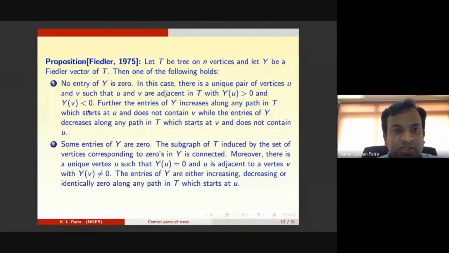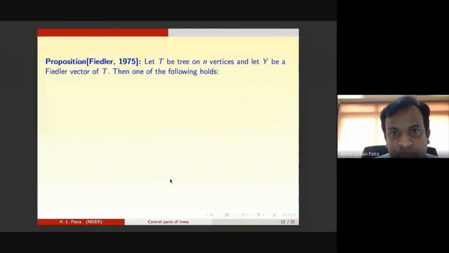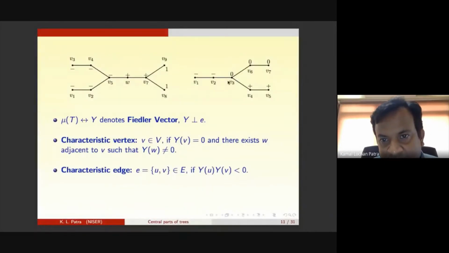Here U and V, this edge is a characteristic edge. In this case, the entries of Y starting from U move towards either increasing or decreasing or identically 0. So if this is the characteristic vertex, and you move here, the value will decrease, move in this way, the value will increase, and in this way the value becomes identically 0.